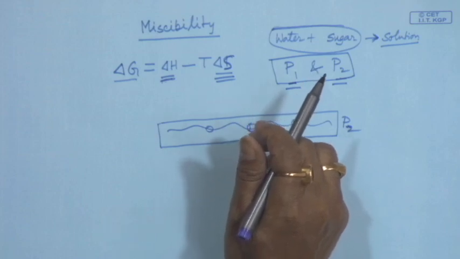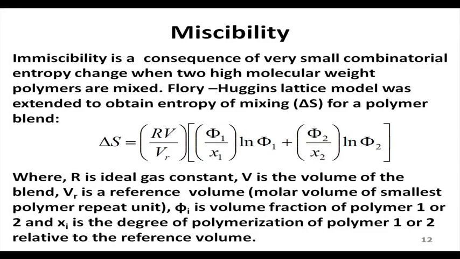Now, there are various models to explain the immiscibility or miscibility of the component polymers, and this immiscibility is a consequence of very small combinatorial entropy change when two high molecular weight polymers are mixed.